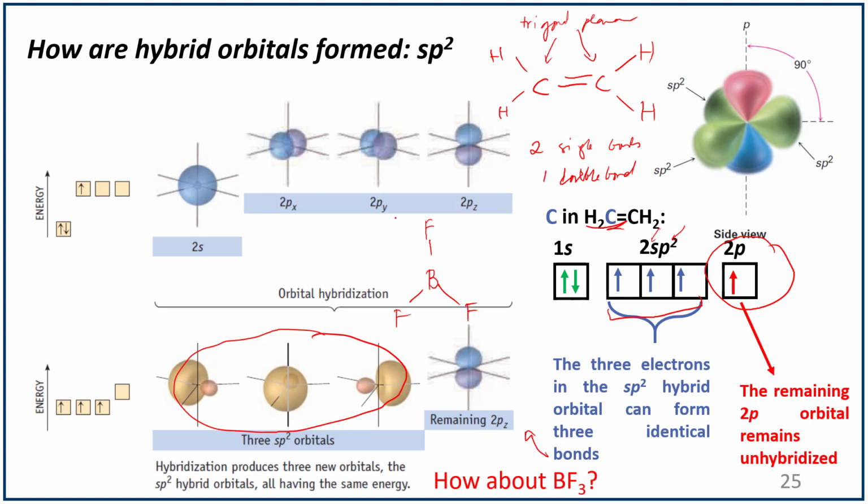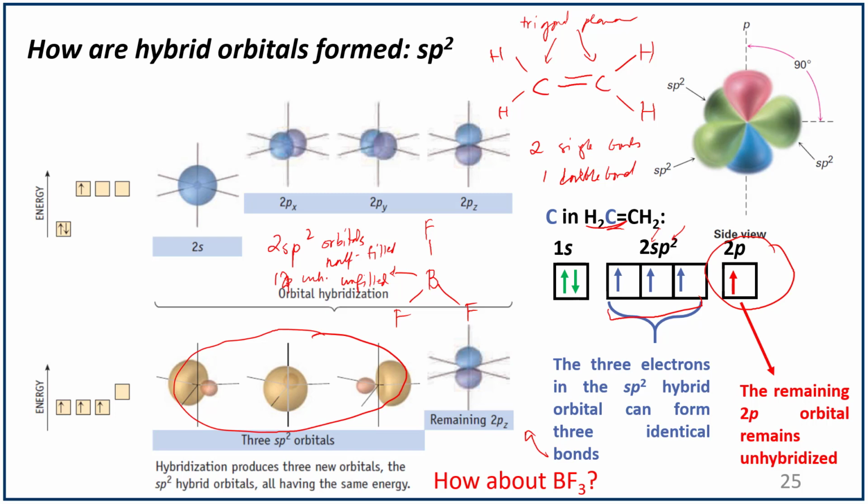So here we can say for boron trifluoride, the sp2 orbitals are filled, and those are the ones which bond to the fluorine 2p orbitals. And then one 2p unhybridized orbital, which we can put there as unfilled.